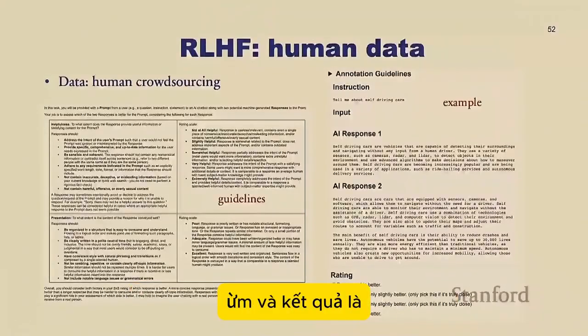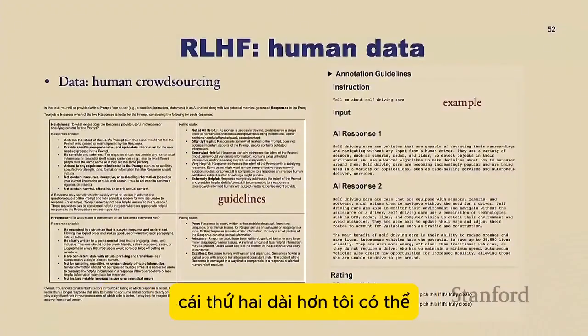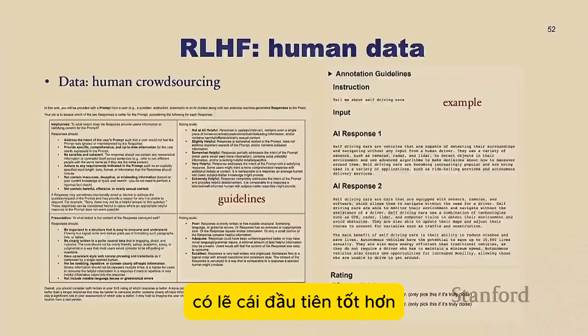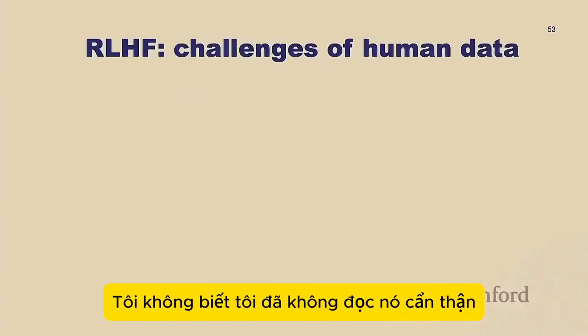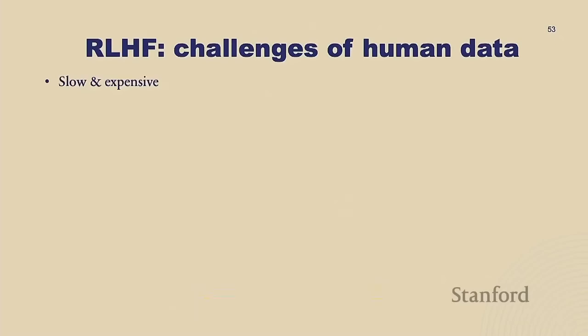And as a result, the problem with humans is that you will start optimizing a lot of high-level features. For example, the second one is longer. I can guarantee you that most humans will choose the second one, even though maybe the first one is better. I don't know, I haven't read it carefully. So challenges with humans: first, slow and expensive.